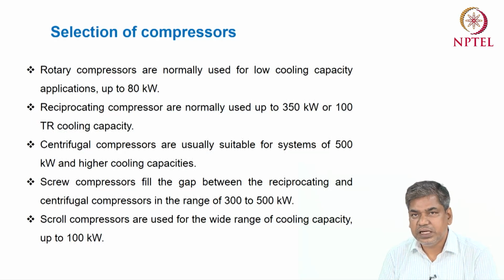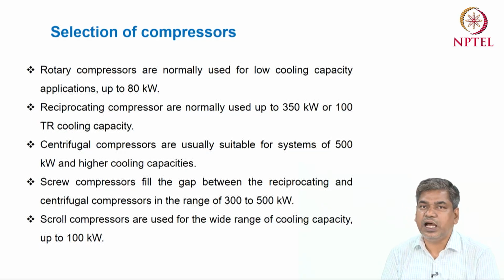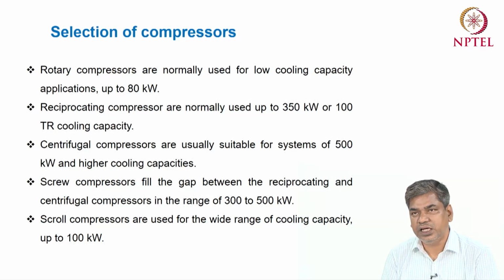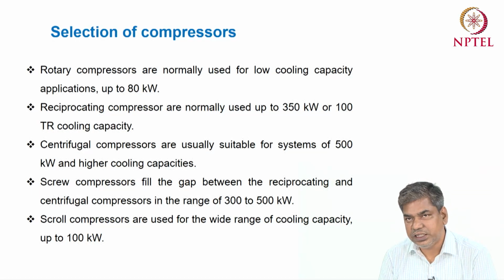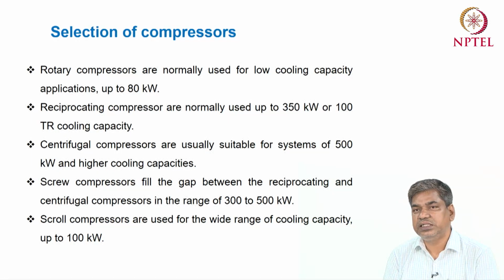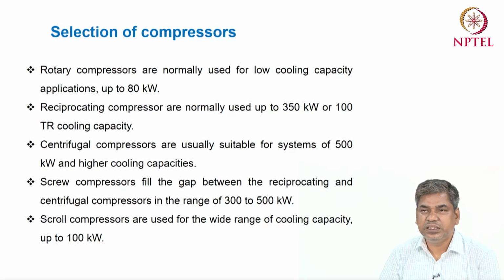Then again, if we go for the higher size or high capacity, for that case centrifugal compressor is used. So centrifugal compressors are usually suitable for systems of 500 kilowatt or higher cooling capacity. That means for the central air conditioning system, for the industrial applications of the refrigeration system, the centrifugal compressor is generally preferred.